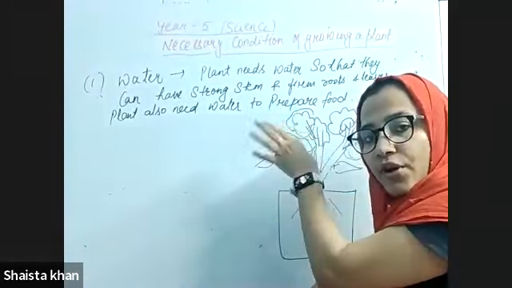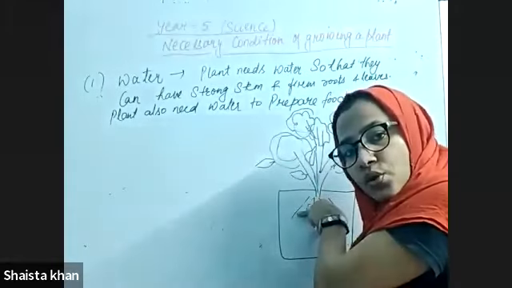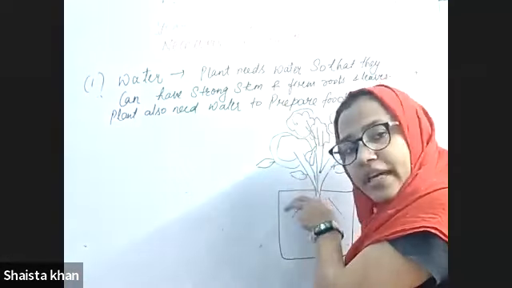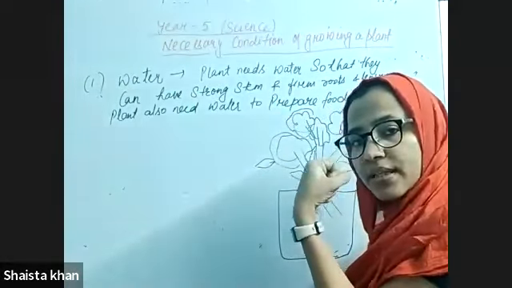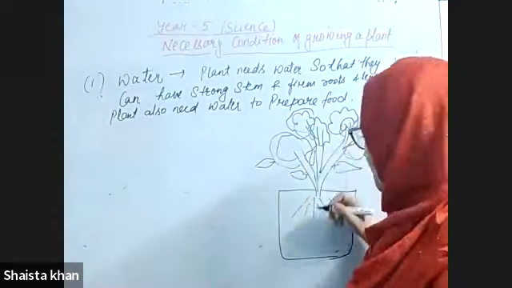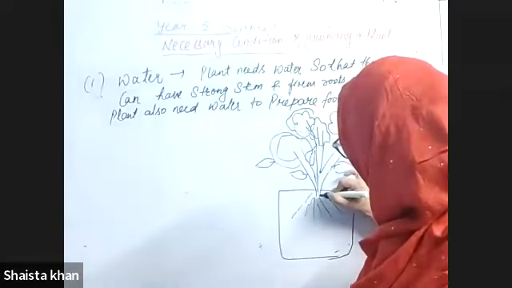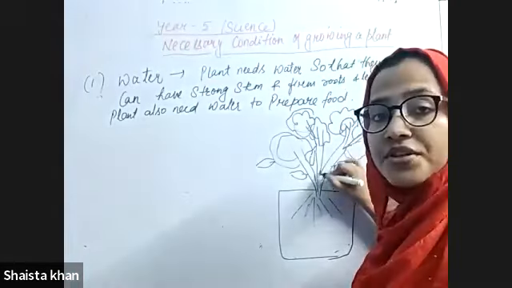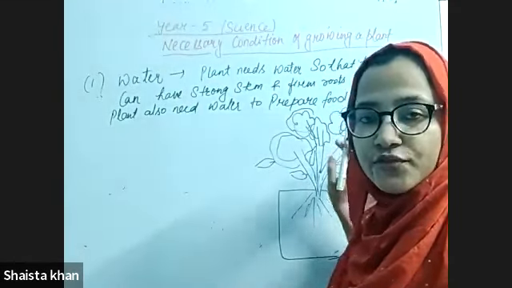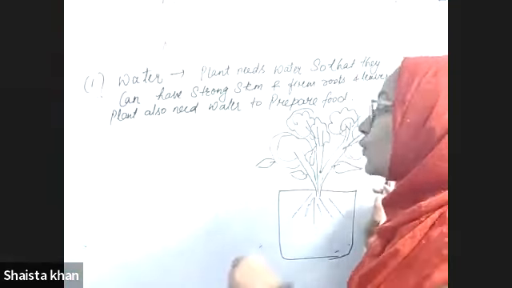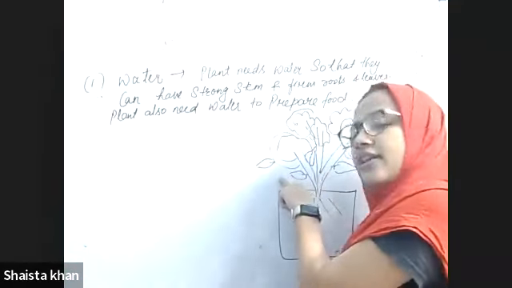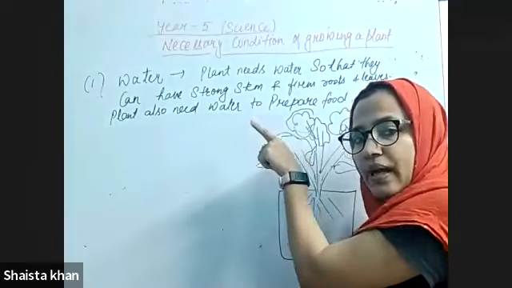We give water to the roots so that the root absorbs water, and from the root, it goes to the stem and water goes to all parts of the plant. That's why it goes to the leaves and the other parts of the plant also.